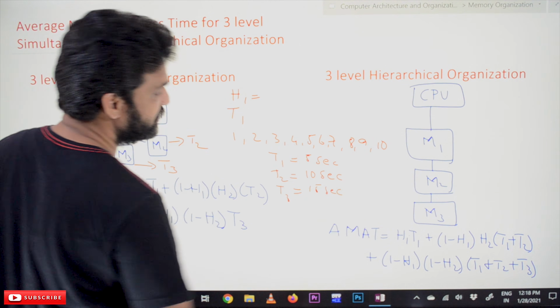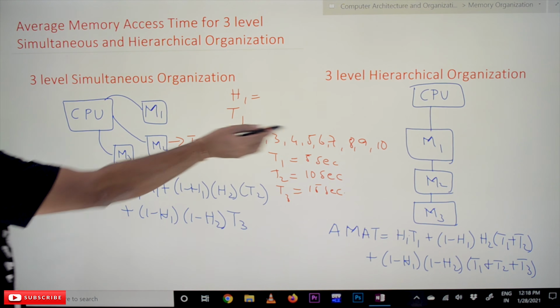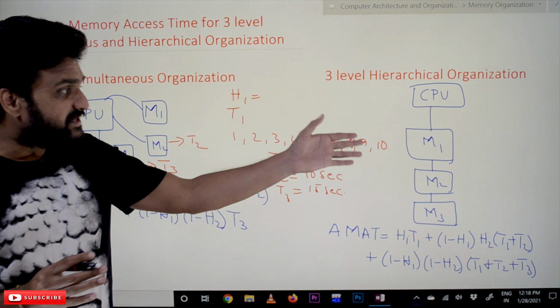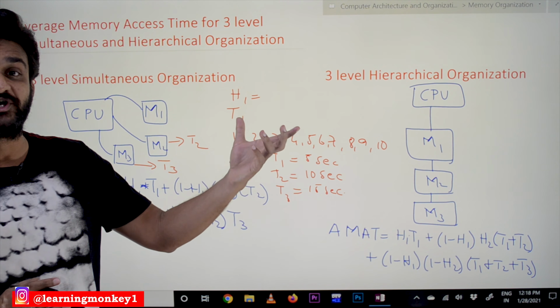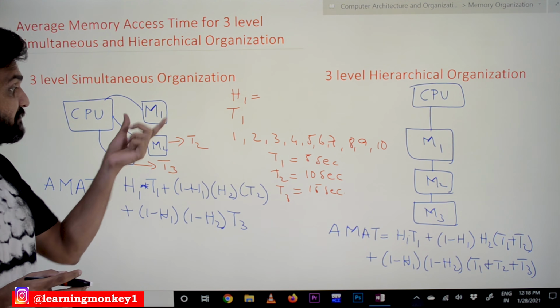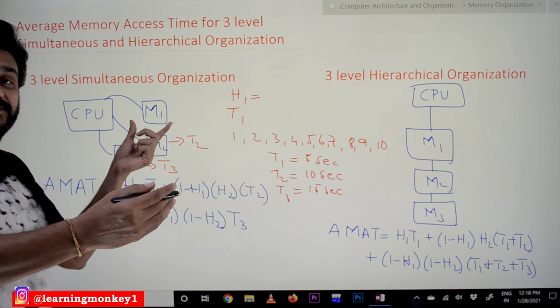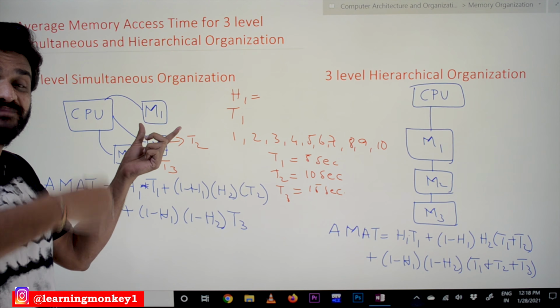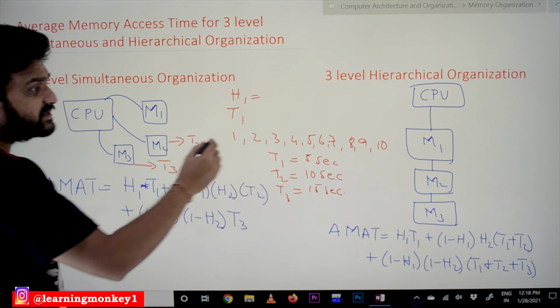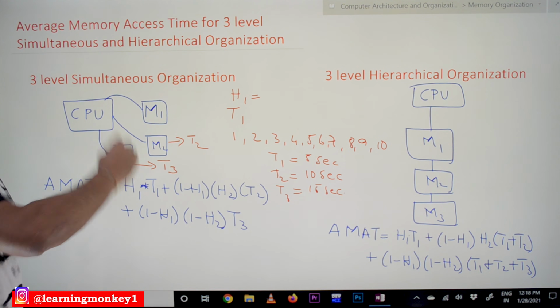Now consider that there are 10 requests, and all those requests made by the CPU are hits for H1. Means all these 10 requests are present in memory 1. If it is a hit, the content is present in the corresponding memory. So all the 10 requests are hits for memory 1.